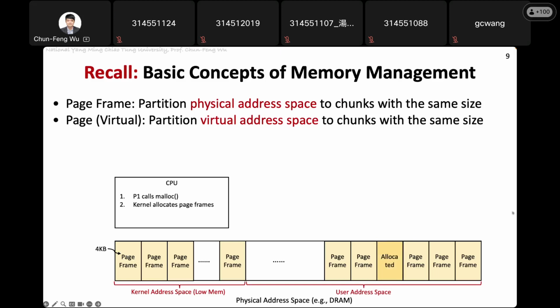So let's say this is the page frame allocated to the user process. Then in the kernel address area, there's a thing called the page table. The page table records that the virtual address returned to P1 will be mapped to this physical address. Okay, so here is a VA.